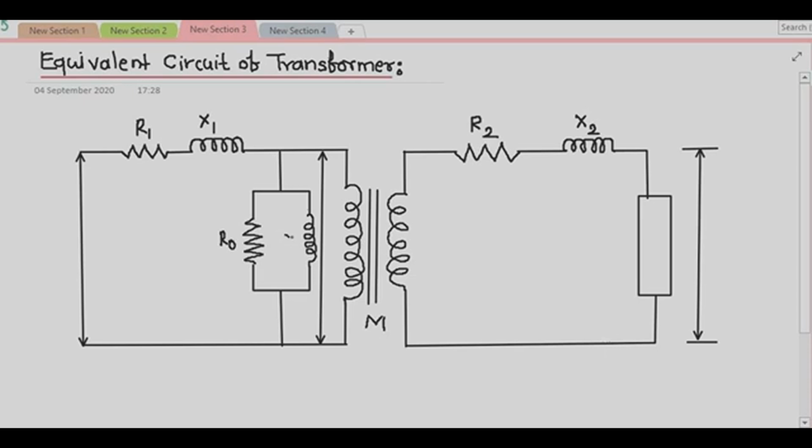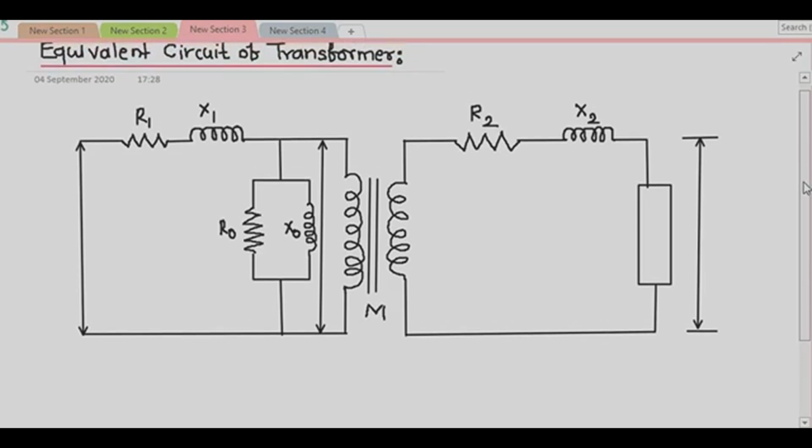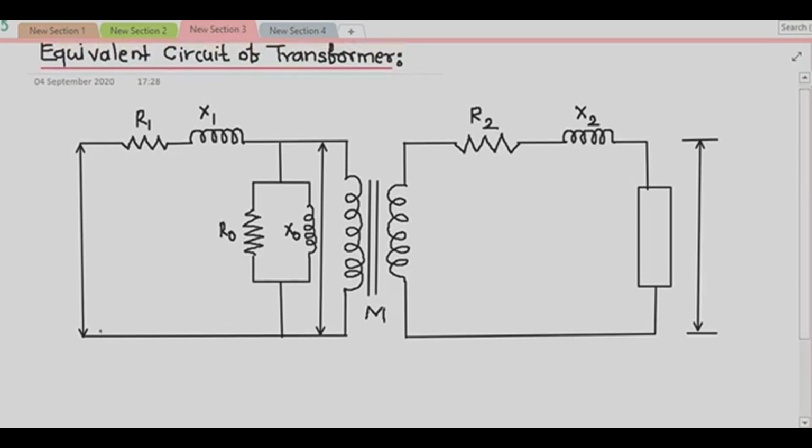Why have I included R0 in this circuit? Because I will account for the no load current I0 of the actual transformer by putting the shunt circuit consisting of R0 and X0 in such a way that E1 upon R0 equals IC.